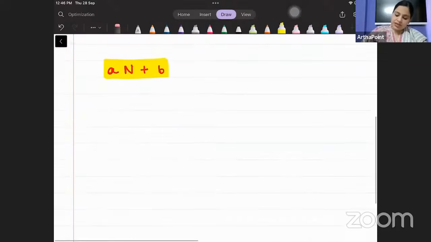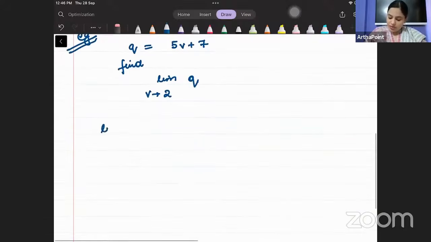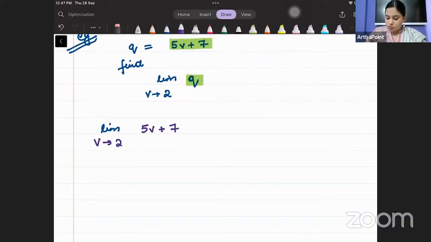Let's take an example. So suppose I tell you that Q is equal to 5V plus 7, and I ask you to find limit V approaching 2 for Q. So what will you do, beta? Limit, instead of Q you will write 5V plus 7, and V will approach 2.